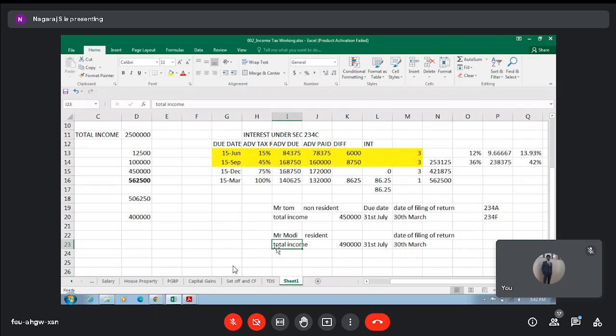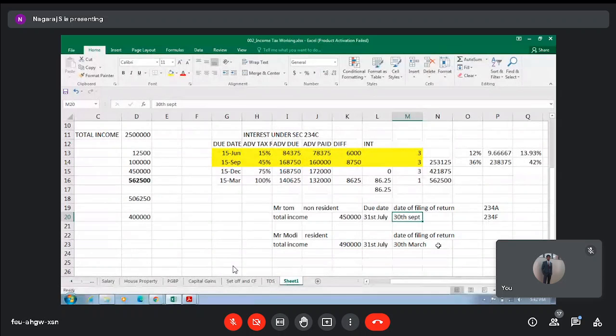1,000. Okay. If he has filed the return on 30th September, then how much is the late fee? 234F.